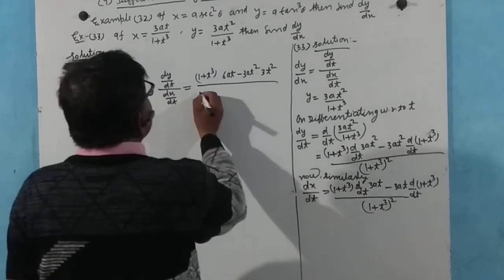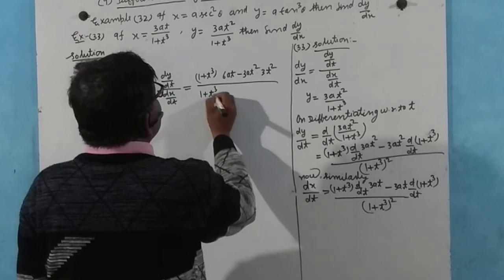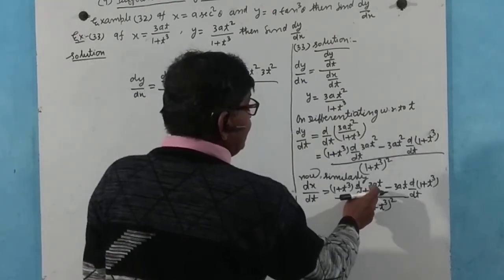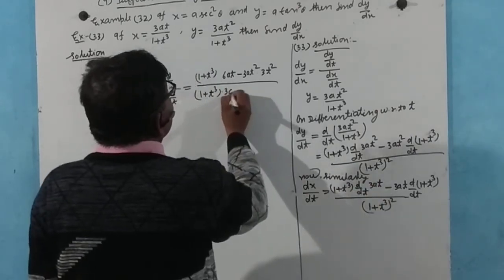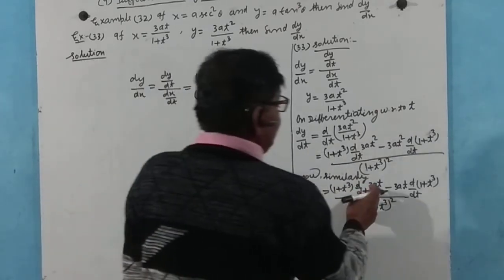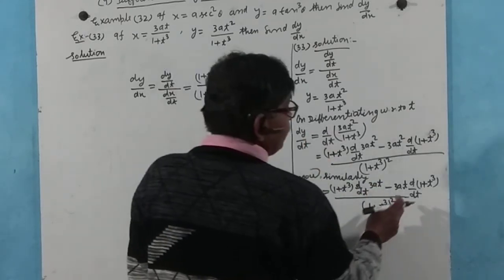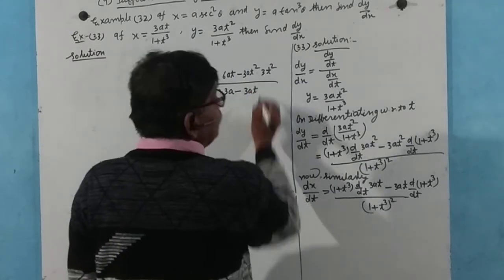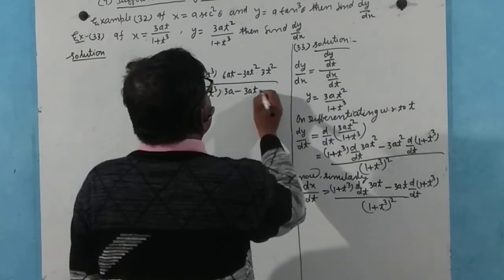Now 1 plus t cube, and the differentiation of 3at is only 3a, so we get 3a minus 3a times 3t square.